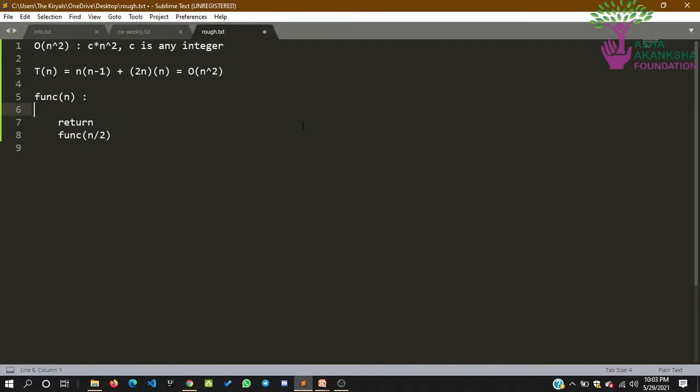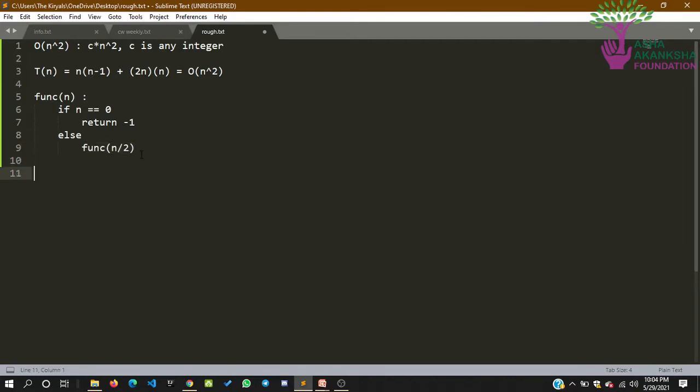Suppose if n is equal to 0, then return something like -1, and else we can just write n by 2. So this is a recursive algorithm.